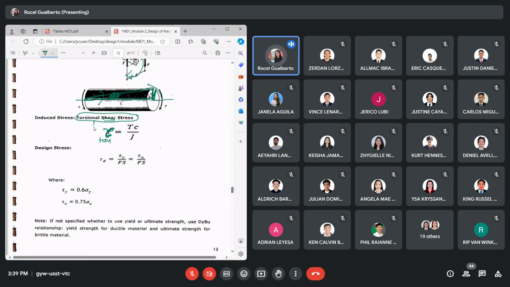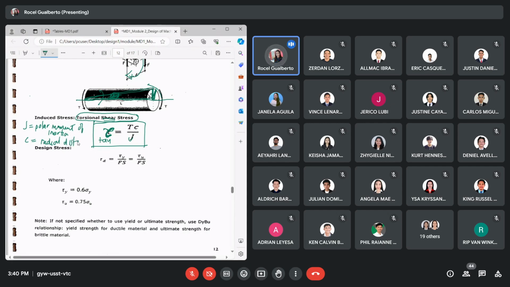The general formula for a torsional shear stress equals TC over J. TC divided by J. J is called yung polar moment of inertia. And then yung C naman po is called a radial distance.